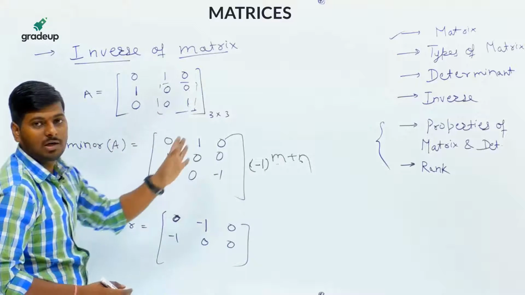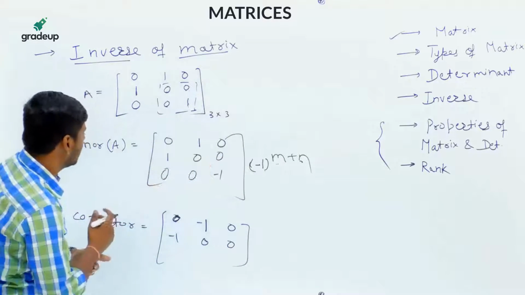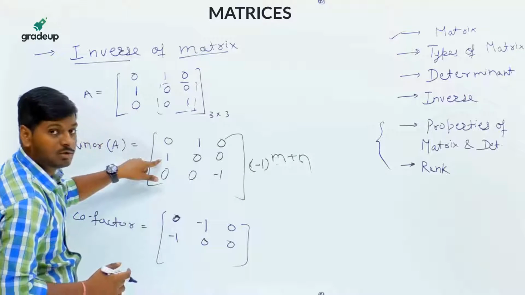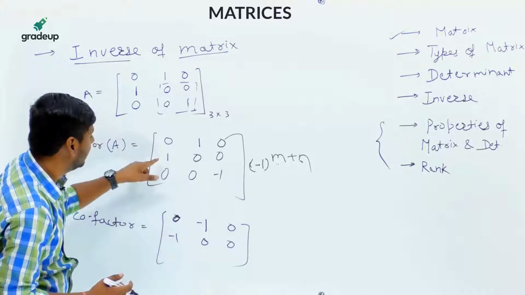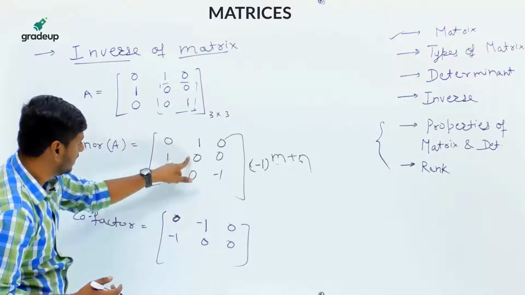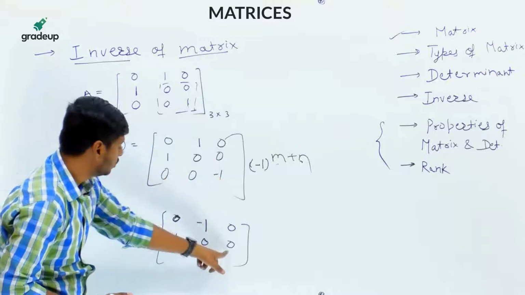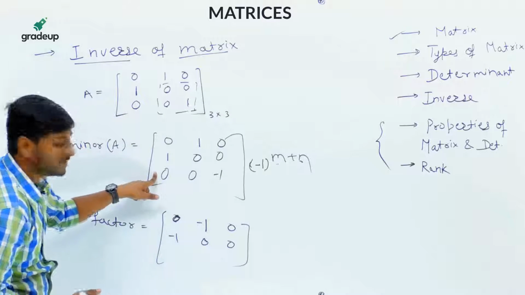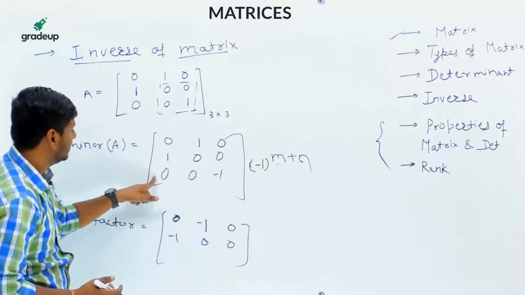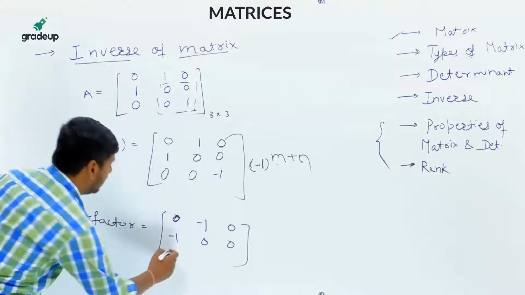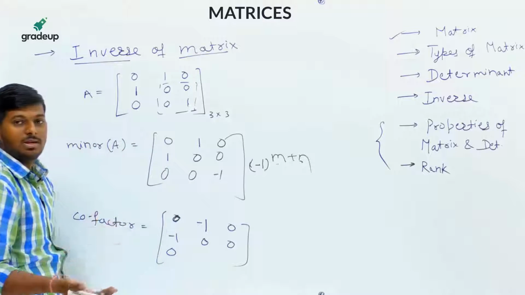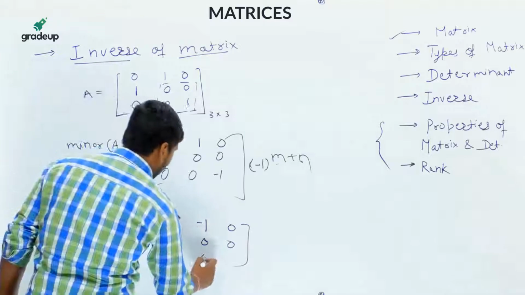The signs will alternate only. So here we get 2 1. 2 1 is negative, so we get minus 1. Then it will be positive. Then for element 2 3, it is odd, so negative. 3 1 is a positive, even number, so we get a positive sign. Then 3 2 is an odd number, so we get a negative sign.